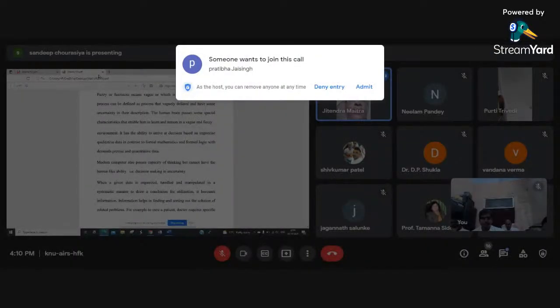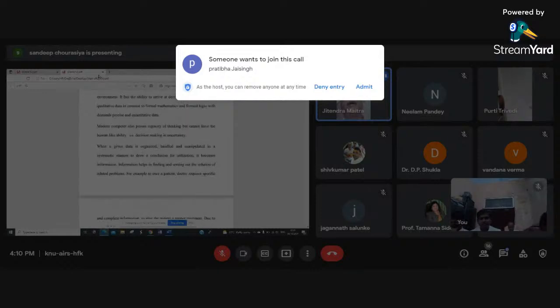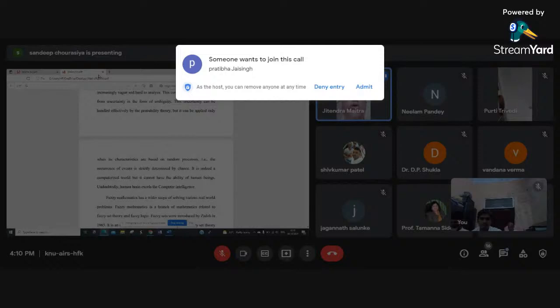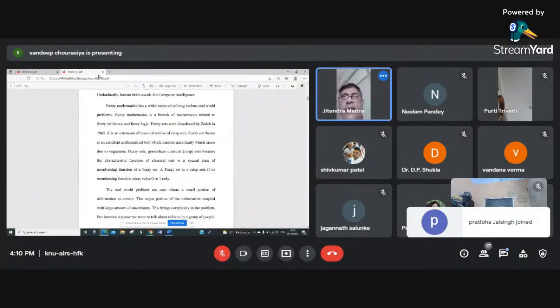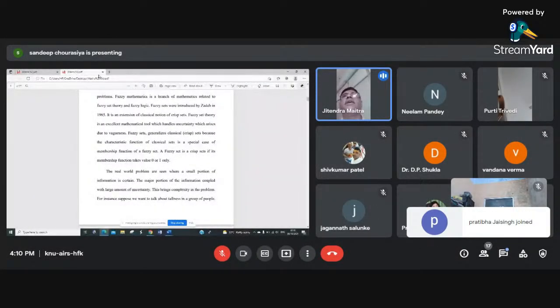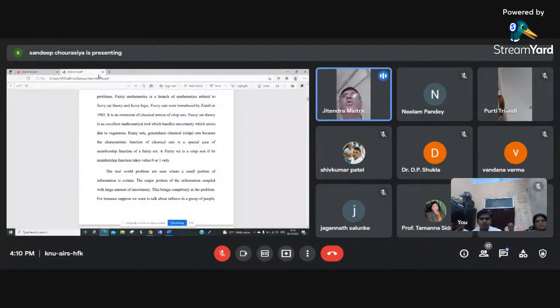But in practical problems, there are situations in which we cannot answer in yes or no. Suppose there is a cloudy day up to some time, and after that the sun arises, and now somebody asks whether today was a cloudy day or not. We cannot give the answer in yes or no. So for dealing with such situations, the concept of fuzzy sets is very helpful.